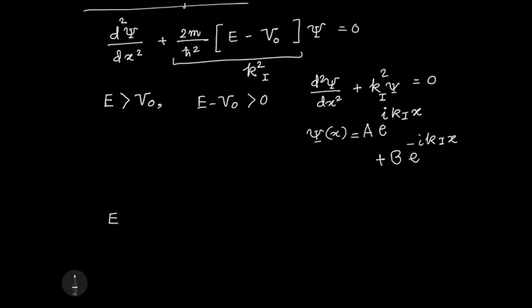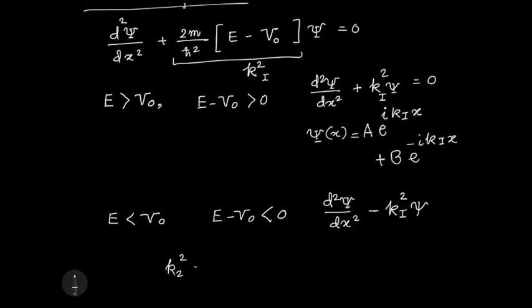And the only other option that you can have is E lesser than V0. So E minus V0 is now lesser than 0. Let us call this K2. So this is like minus K2 square psi.